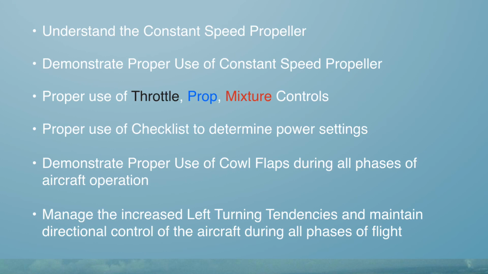The FAA just wants to make sure that the pilot understands the constant speed prop, is able to demonstrate proper use of the constant speed prop, understands the proper use of the throttle, prop, and mixture controls, and is able to demonstrate proper use of a checklist to determine proper settings, proper power settings, demonstrates proper use of the cowl flaps during all phases of the aircraft operation, and manages the increased left turning tendencies and maintains directional control of the aircraft during all phases of flight.